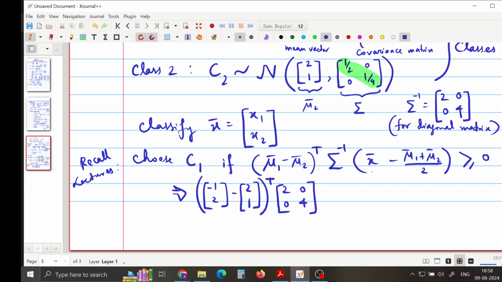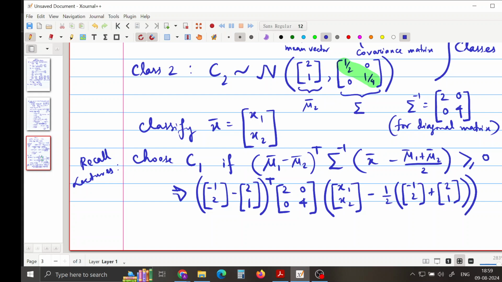And what is x bar minus this thing? So x bar is basically the given new vector that you need to classify, minus the midpoint of mu1 and mu2, so that is nothing but half of the sum.